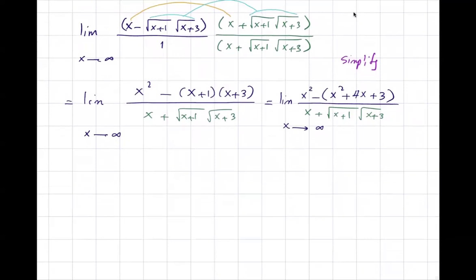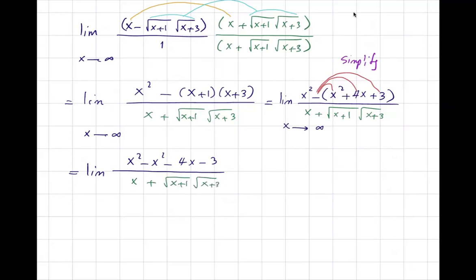Okay, simplify this further. You get the limit of x squared minus x squared minus 4x minus 3, just basically distributing this negative sign into the parentheses, divided by x plus square root of x plus 1 times square root of x plus 3. And note that x goes to infinity. So of course you can cancel these two out.